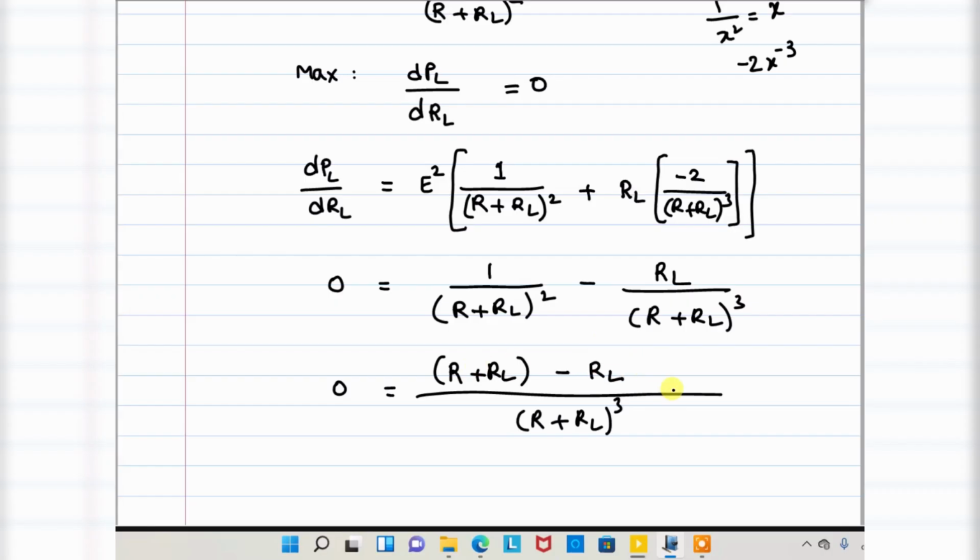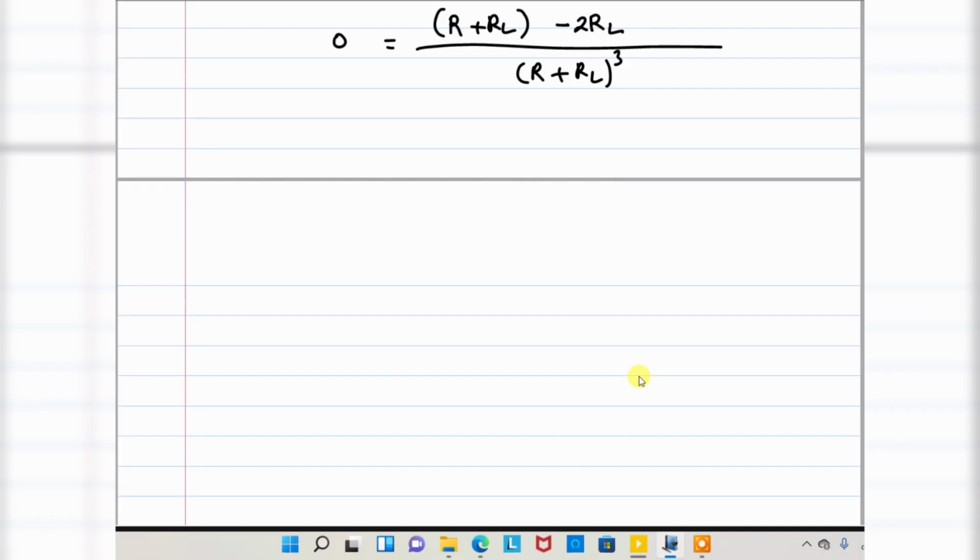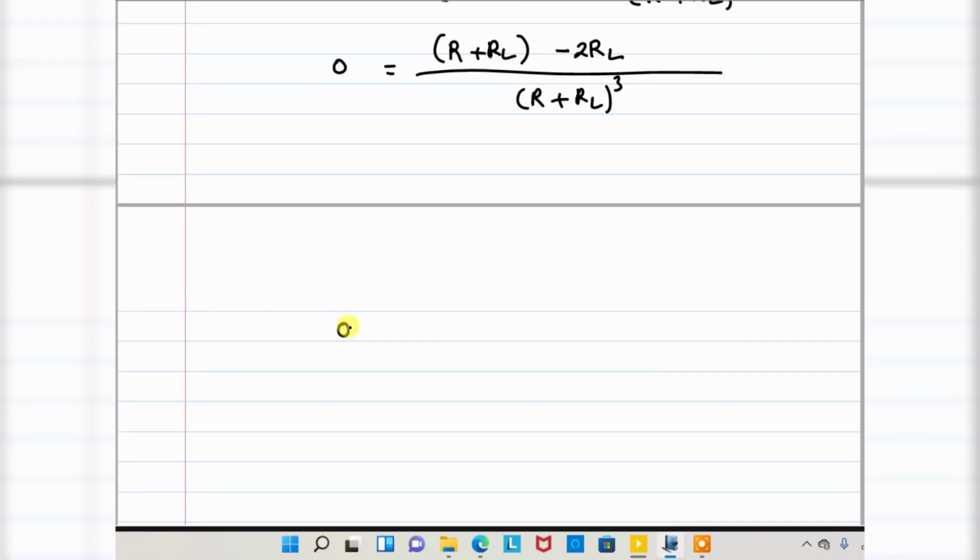Here there should be a 2, we forgot the 2. So 0 equals 0 times R plus RL cubed, which is 0 only: R plus RL, and RL minus 2RL is equal to minus RL.